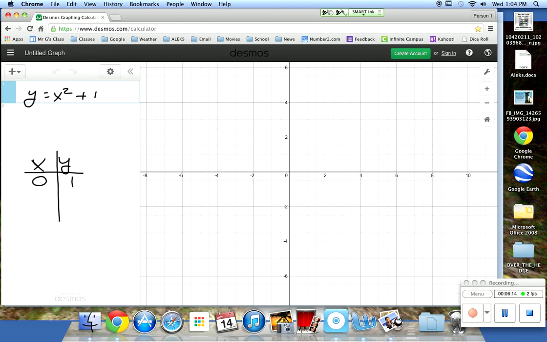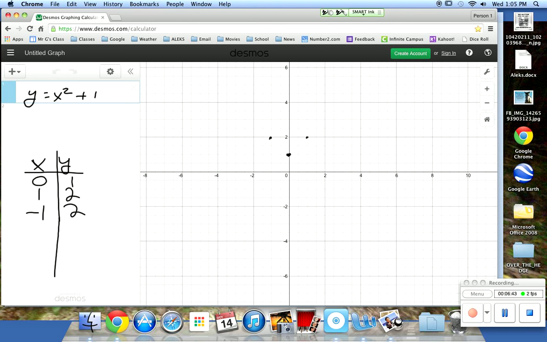So x is 0, my y is 1. Next one I'd put in there would be a 1, and this would be 2. Next one would be negative 1, which would also be 2.